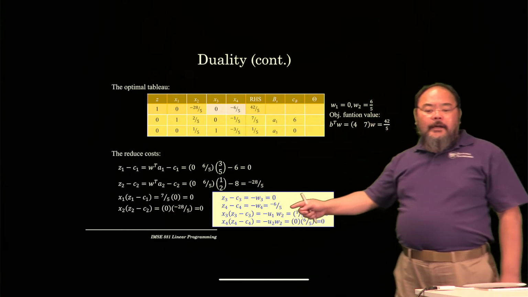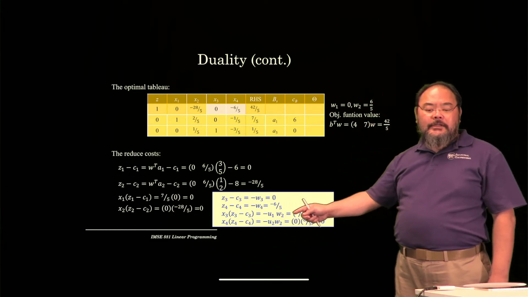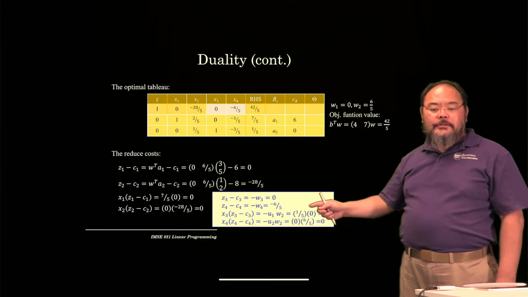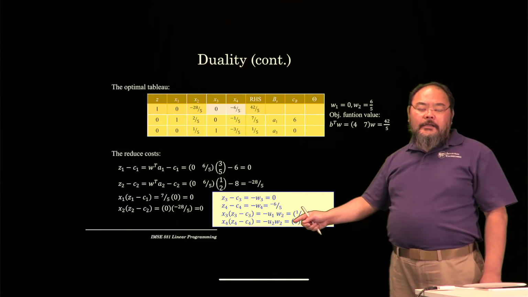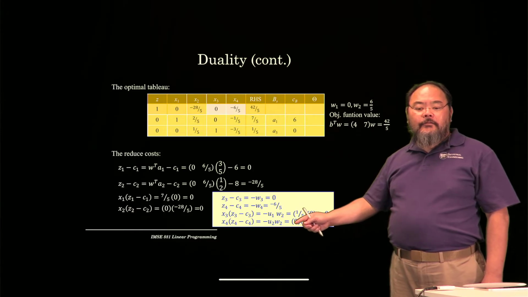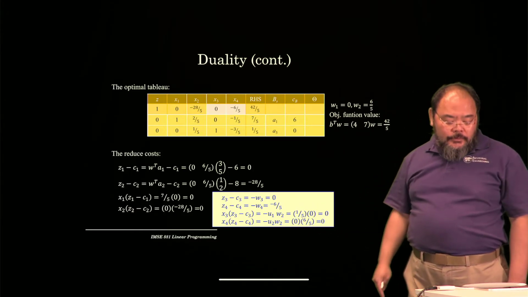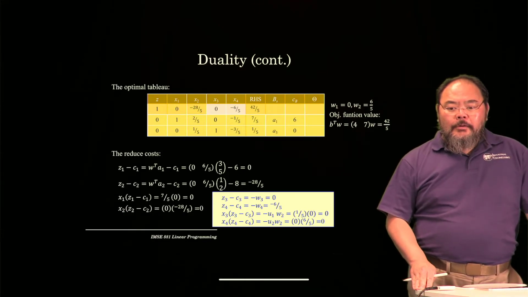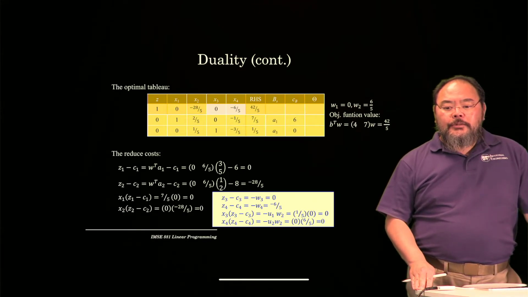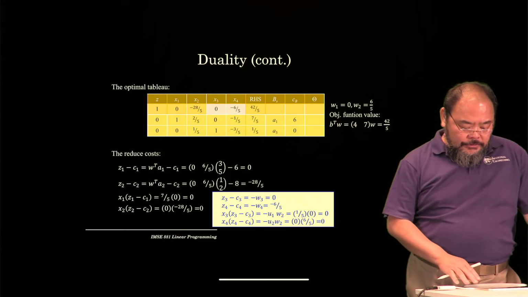Again, we can prove that x3 times z3 minus c3 equals 0. That's fairly easy to prove. And second, x4 times z4 minus c4 also equals 0 in that case. So we proved numerically these four conditions between the primal and dual relationship.